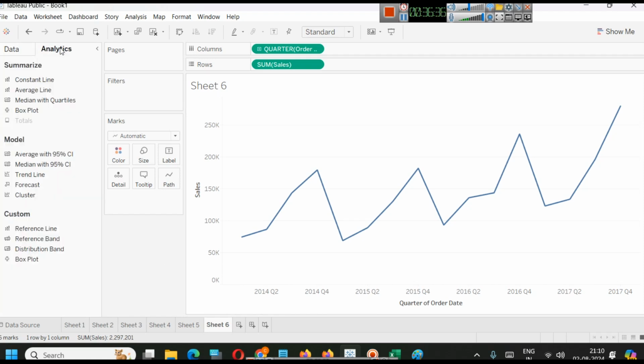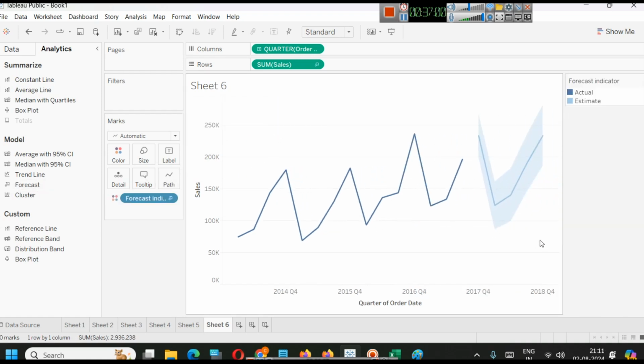Okay, so in Tableau there is a Data tab, and there is another tab, Analytics. In Analytics there is a model called Forecast. So when your graph appears like this, you can go and forecast, and this will generate an estimated interval for you.